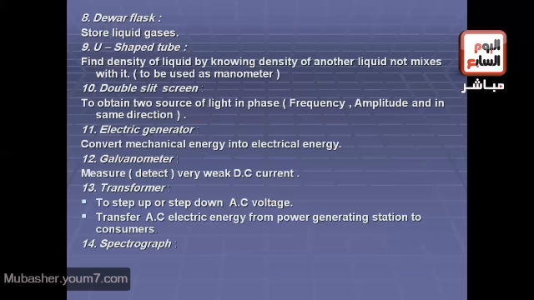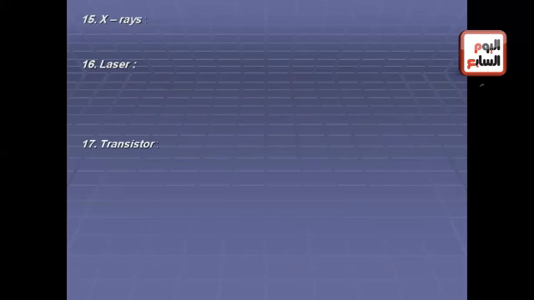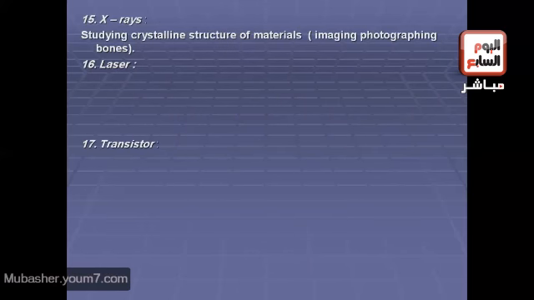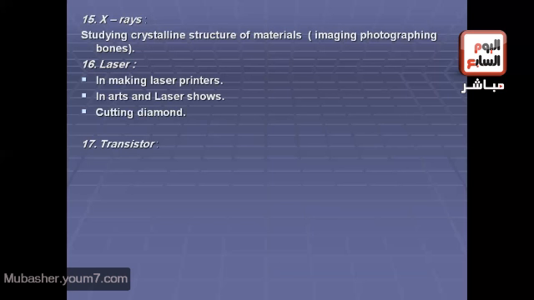Number 14, spectrograph. Yes, it decomposes light into its components or obtains a pure spectrum. Number 15, X-rays. We know that X-rays are used to study the crystalline structure of materials or in photographing bones. Number 16, laser. Yes, it has many purposes such as laser printers, arts and laser shows, cutting diamond, or space research.